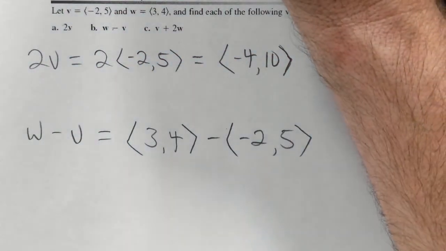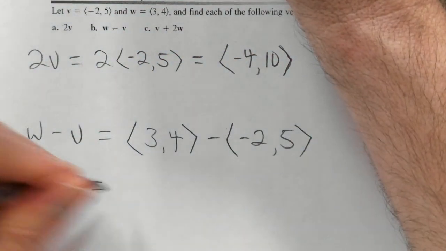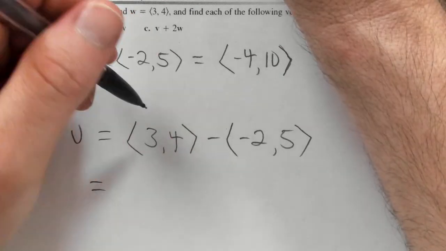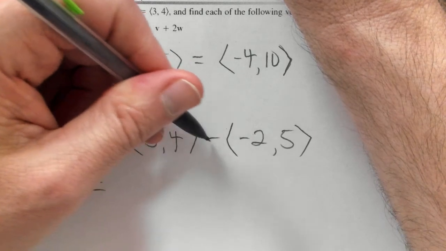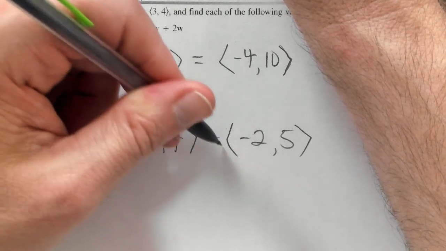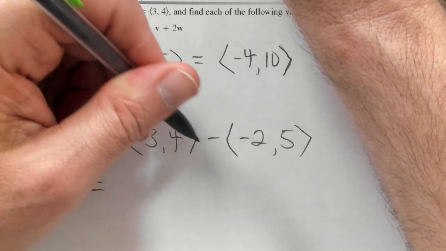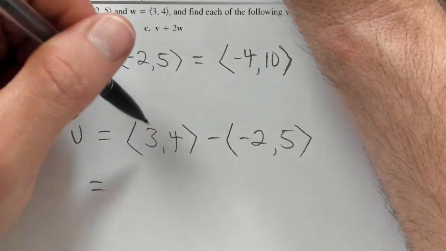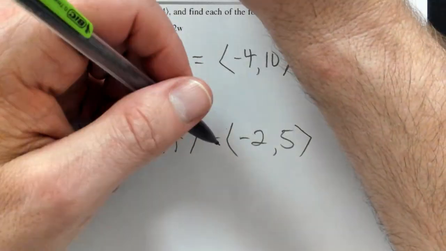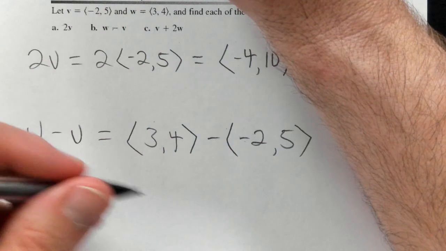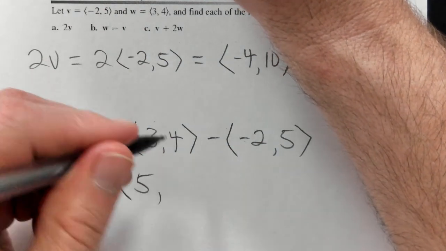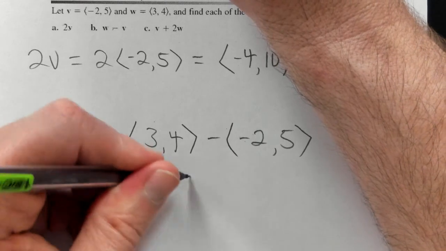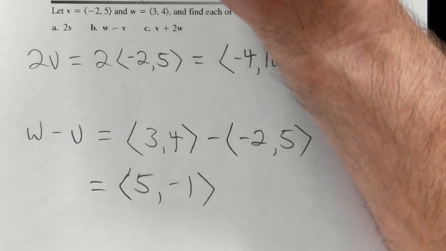When I combine those together, I'm going 3 minus -2, because this almost acts as a scalar times -1. You can say plus -1 times all this. And so that's going to be 5 for the first component, and -1 for the second component, and that's the resultant.